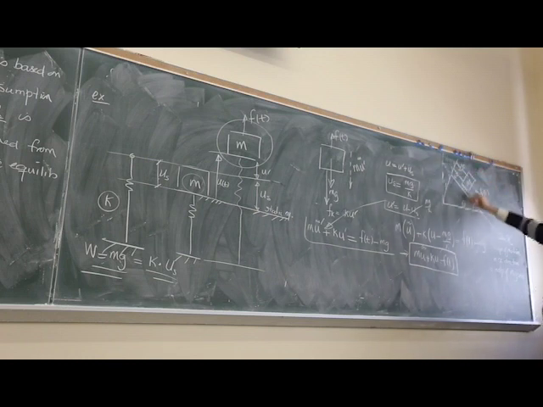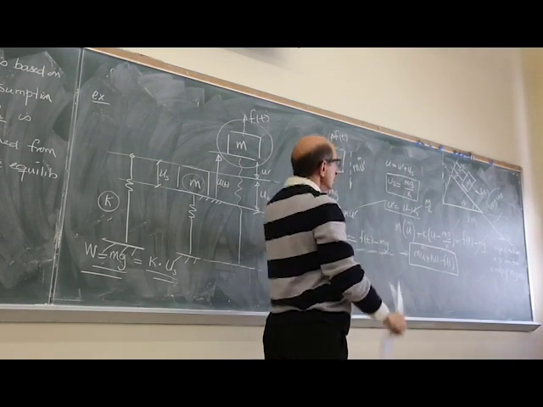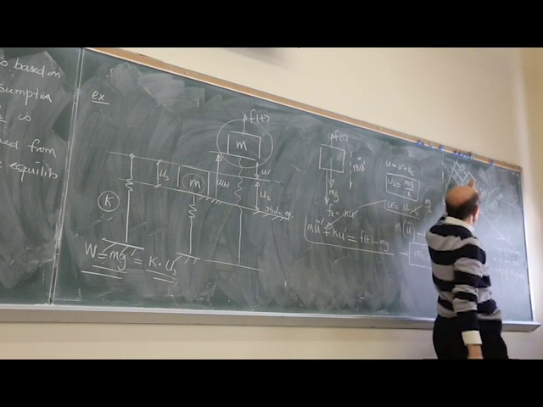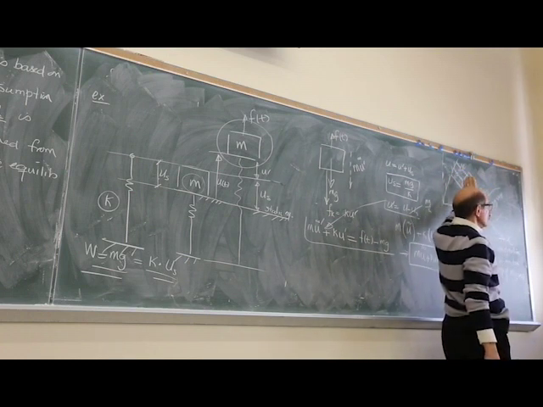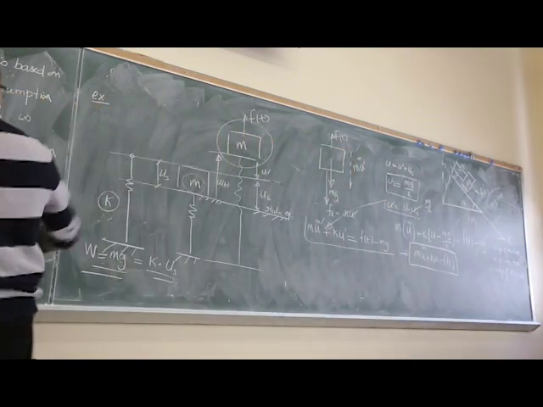If this is mg, the gravitational force, the projection of that along this direction would be mg sine theta. So that is the gravitational force in this direction. But I want you to show, if you consider that equation of motion from static equilibrium, in other words, you had a spring that has already deformed, let me give you a little bit of a hint here. So you have a spring here.